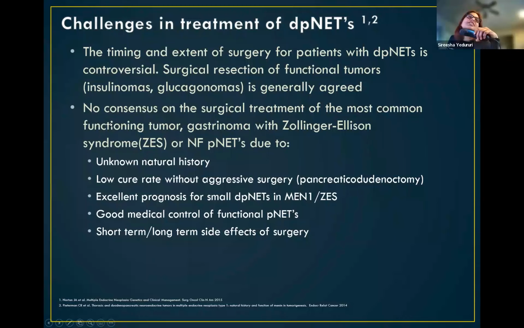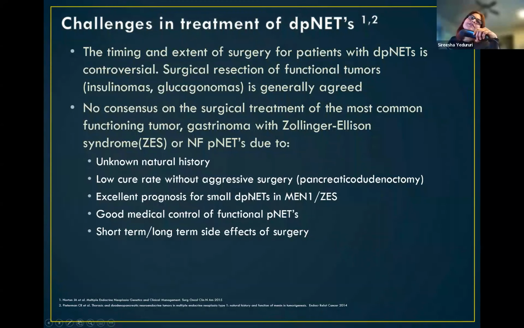there's no consensus on surgical management because of the long natural history, and low cure rate without aggressive surgery, which is like pancreaticoduodenectomy. So these patients must undergo a very aggressive treatment for relatively young patients. It's not that these tumors are killing them.